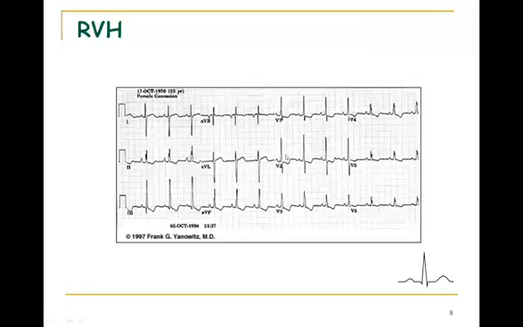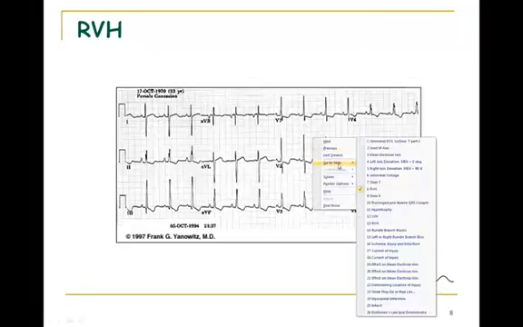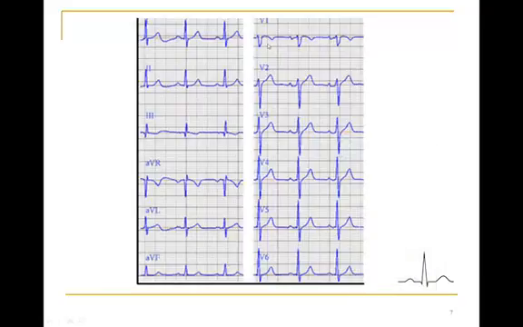What you'll tend to notice with right ventricular hypertrophy is that instead of starting out with the S, they have an R, and down here for V6, they have an S wave. So it's the opposite of what you expect to see in your chest leads, and it has to do with how the current is flowing, or how the electrical forces are.